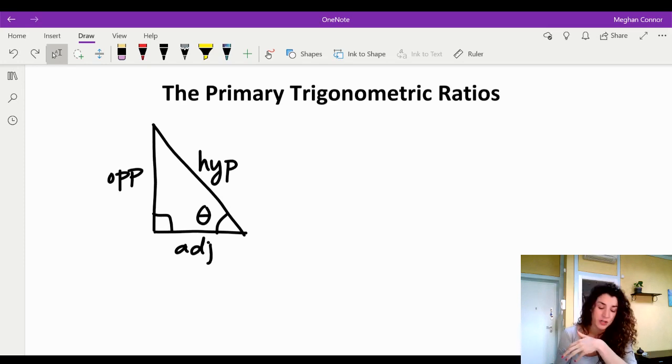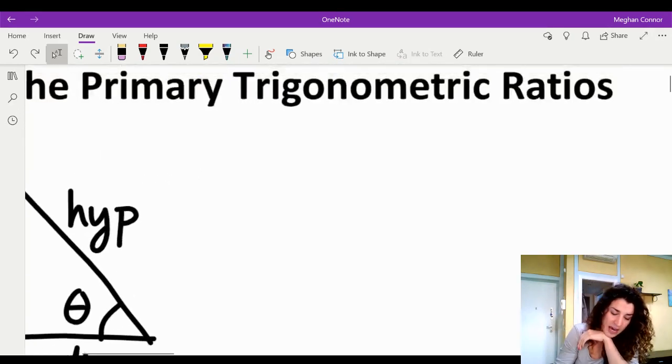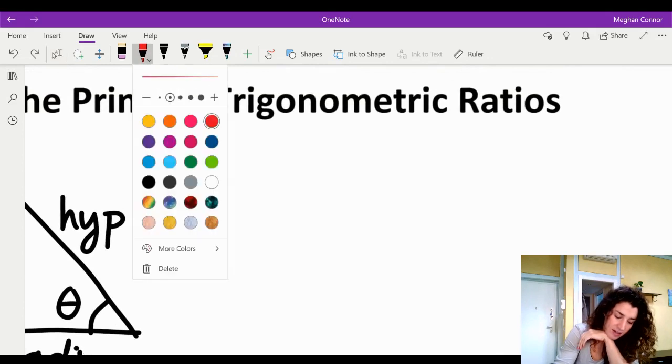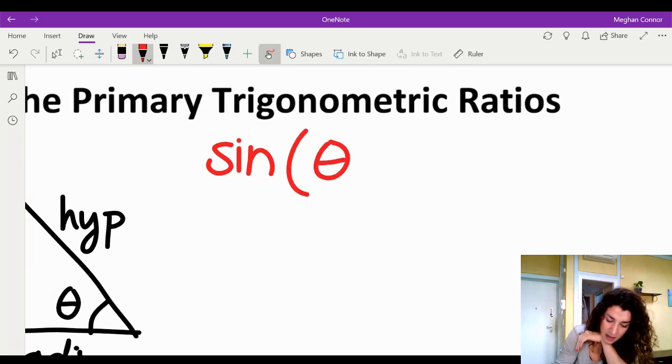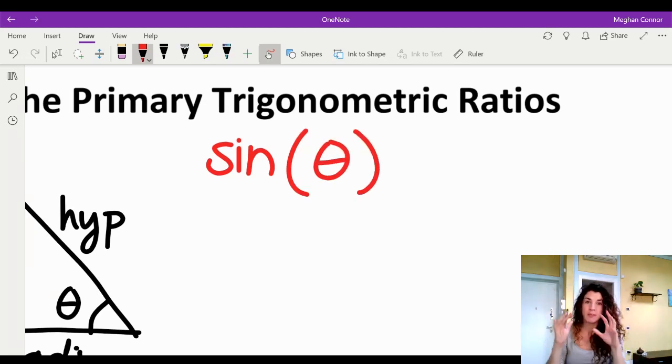Now we're going to start talking about the relationship of those side lengths to each other and how we label them. So we have sine of that angle. Realize that there are parentheses here. Technically, sine is spelled S-I-N-E, but the shorthand for it is sin, sine of, and then we've got this little parentheses piece.